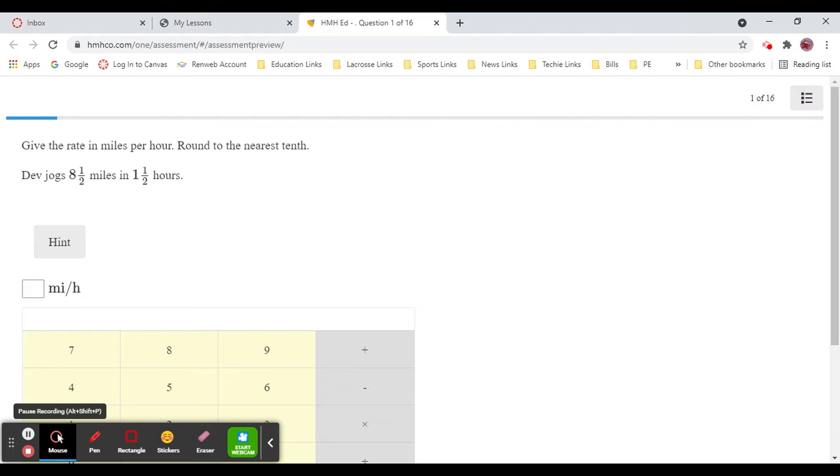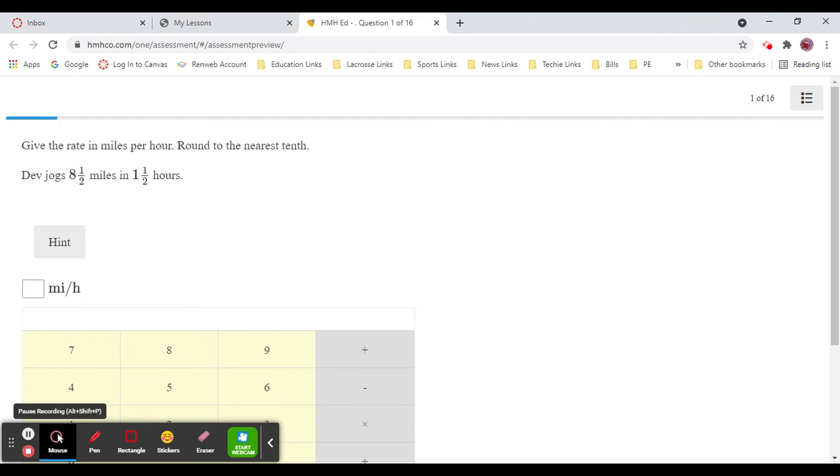If I'm doing this on my calculator, which is what you're going to be allowed to do, I could convert it to a decimal, or if you want to use the ABC key on your calculator, that's fine. Essentially, I'm dividing 8.5 by 1.5.